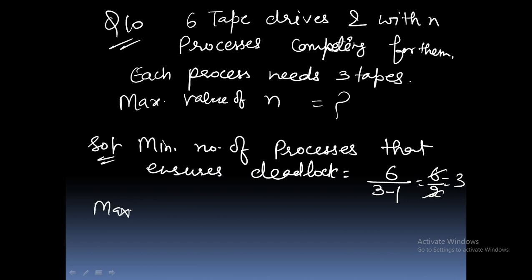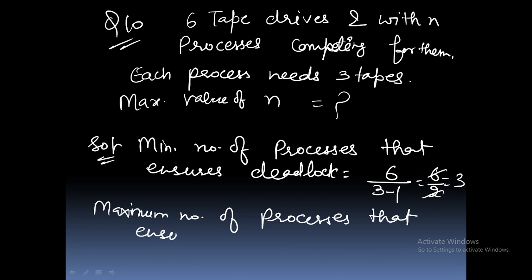Now the maximum number of processes that ensures no deadlock is 3 minus 1, that is 2.